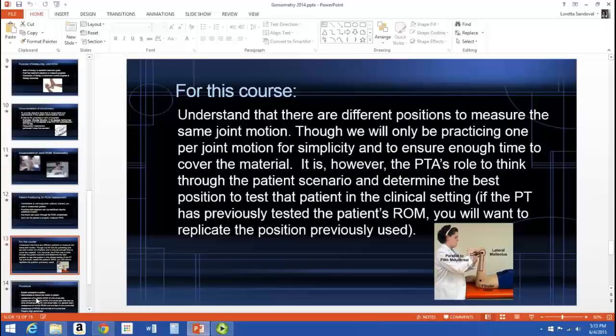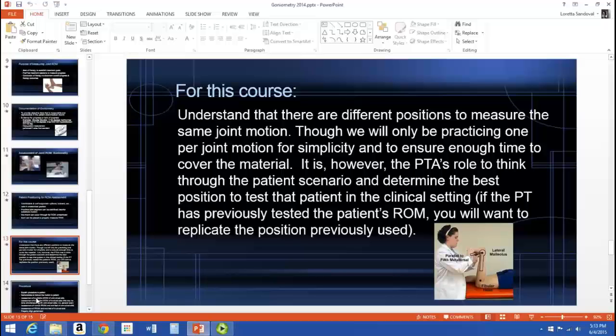In the position the person in the photograph here has that patient in, the gastroc is on slack, and so that's not limiting any range of motion for dorsiflexion. However, if the PT first measured them in long sitting, you want to remeasure them in long sitting. You want to make sure your measurements are consistent.